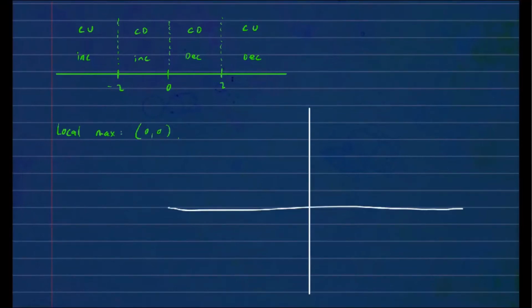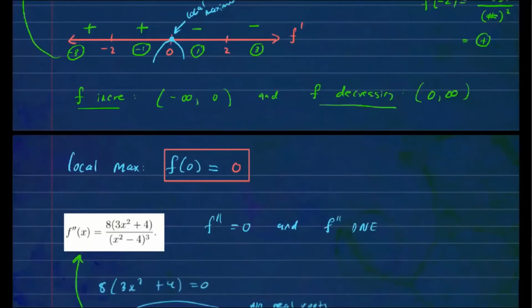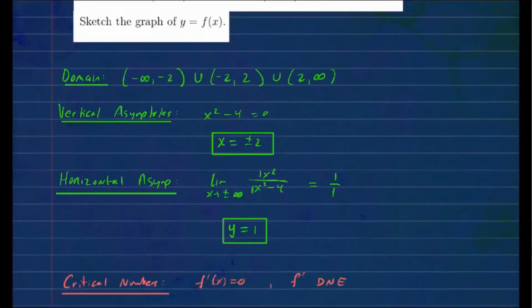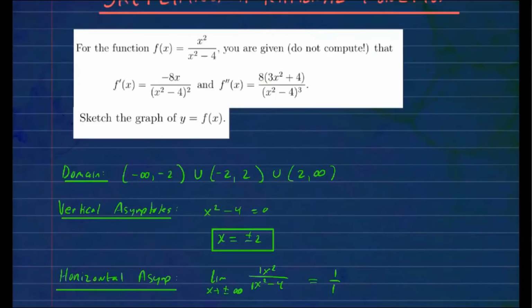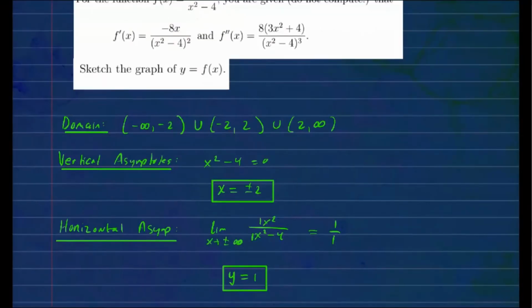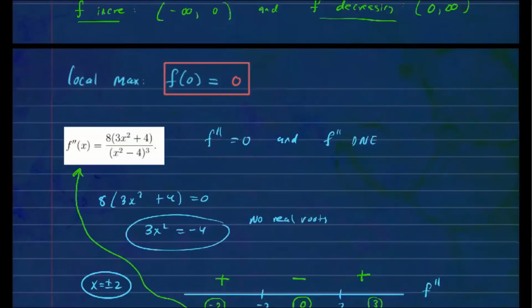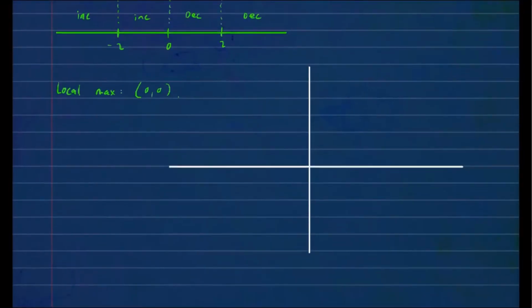Here you go. So the first thing you want to do is label your asymptotes. For this problem, we had two vertical asymptotes, negative 2 and 2. And we have a horizontal asymptote, y equals 1. Let's plot that first. So let's suppose this is positive 2, sorry.